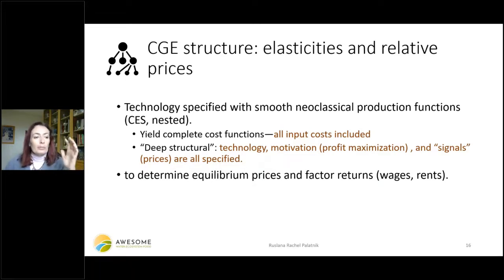This is called the deep structural function because the technology and motivation, which is profit maximization, and the signals to changes, mainly caused by price changes, are specified. And from here, we can determine the equilibrium prices and also returns to the factors of production, such as wages for labor and rates for capital.